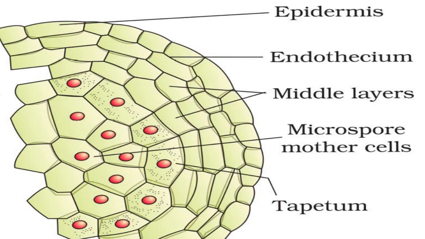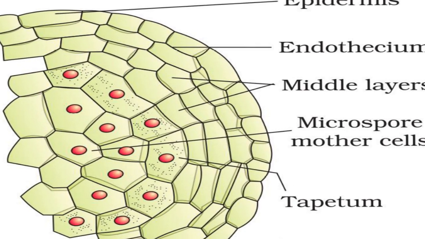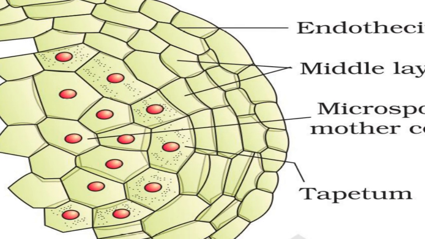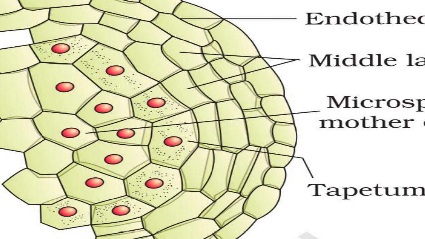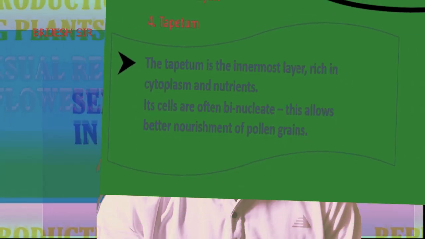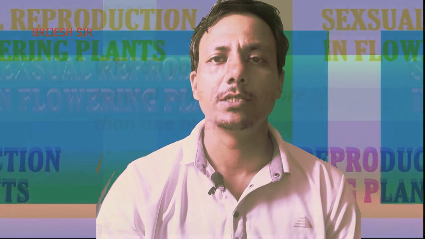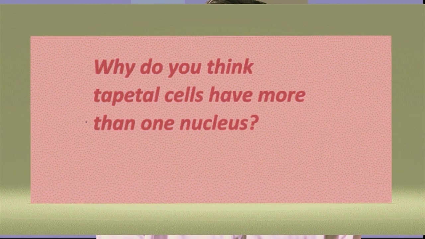The tapetum is the innermost layer, rich in cytoplasm and nutrients. Yes, the tapetum is the innermost layer and helps in the nourishment of pollen grains. Why do you think tapetal cells have more than one nucleus?